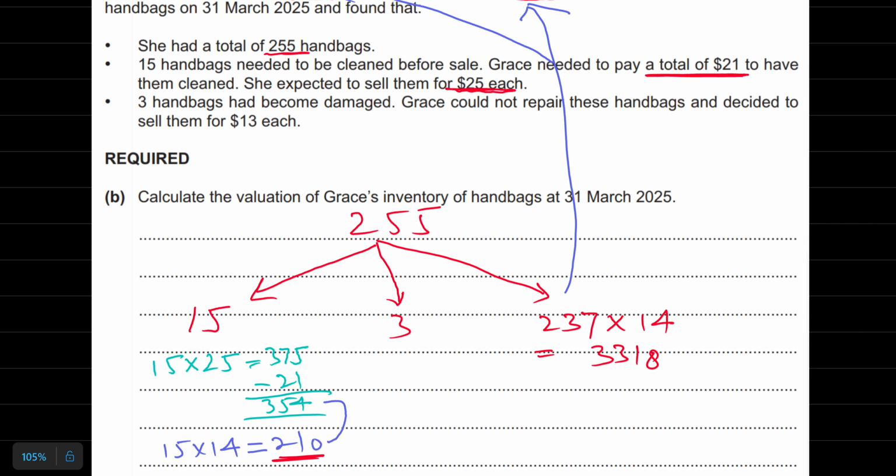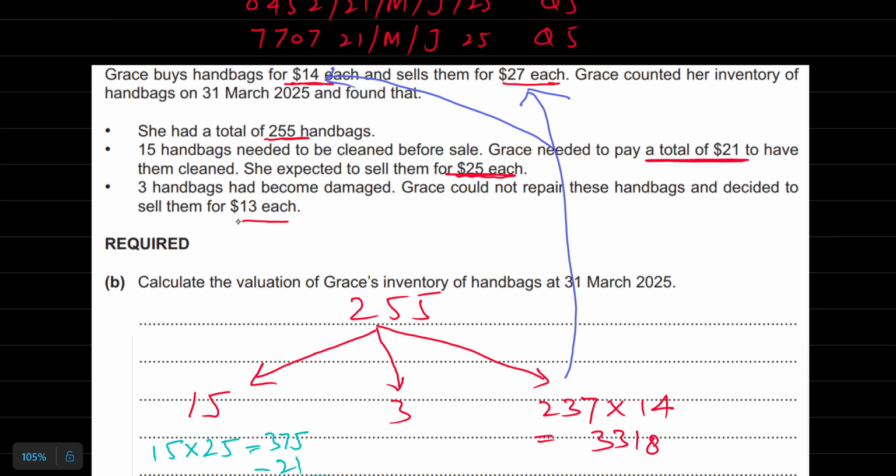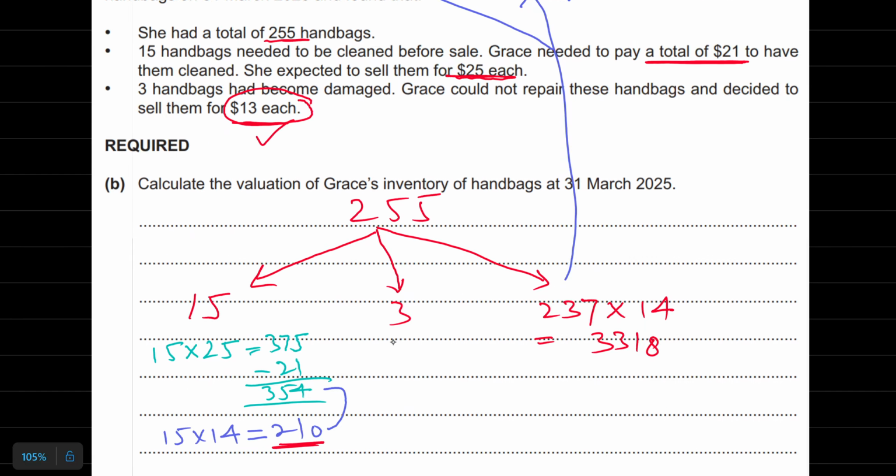For the rest of the 3 bags, these are damaged, and can only be sold for 13 each. So students, their net realizable value is 13 while their cost is 14 and the lower is 13. That's why we will record them at 3 into 13, that will be 39.